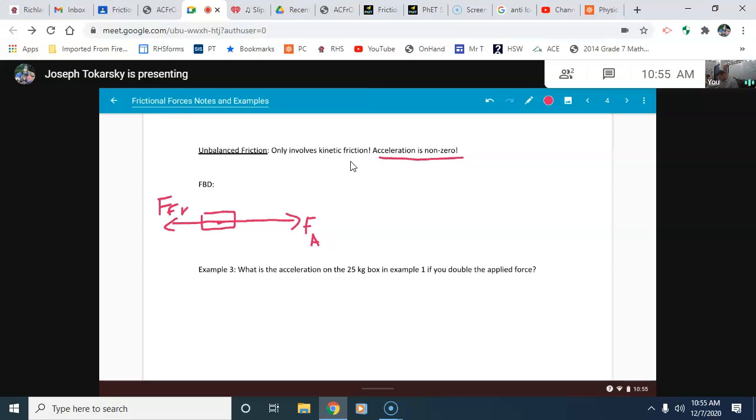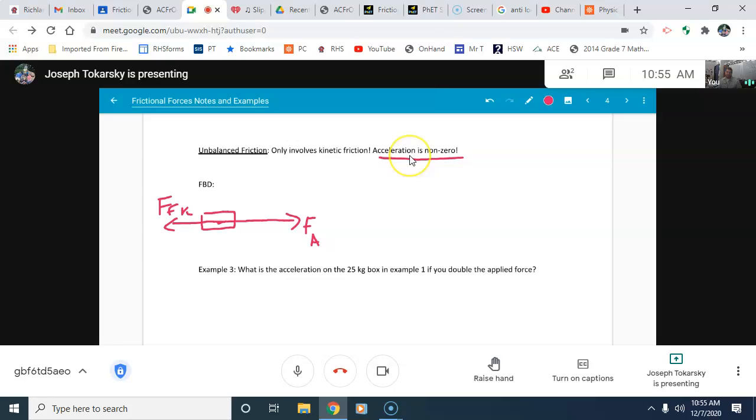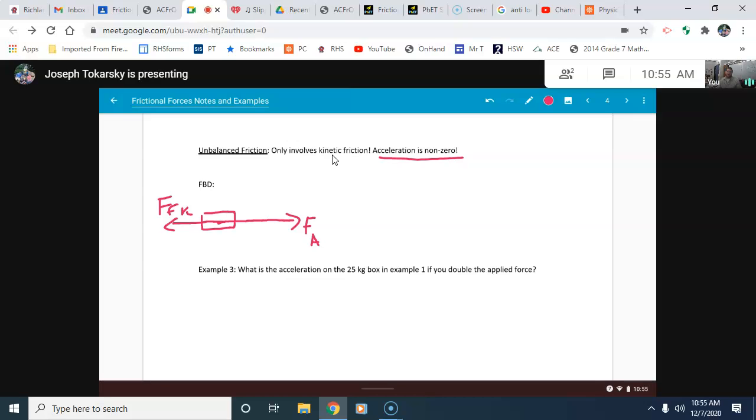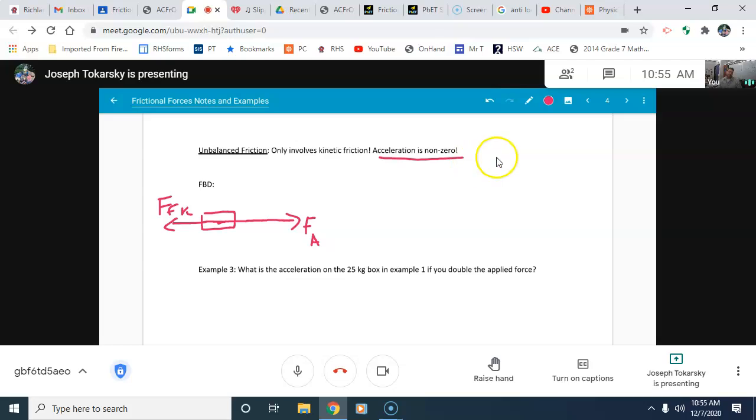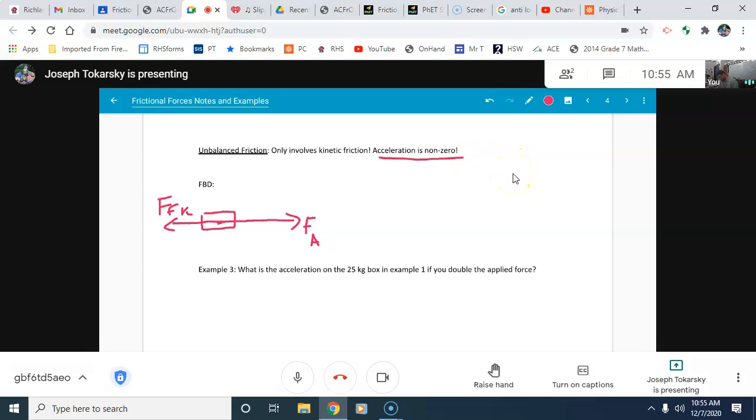And remember, for unbalanced scenarios, we have acceleration, so we are sliding. Static friction is a non-factor. We do not consider it when we know we're in an unbalanced, non-zero acceleration scenario. We are sliding. There's nothing to discuss about static anymore.